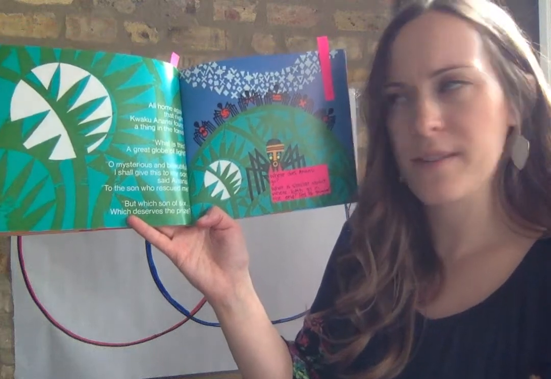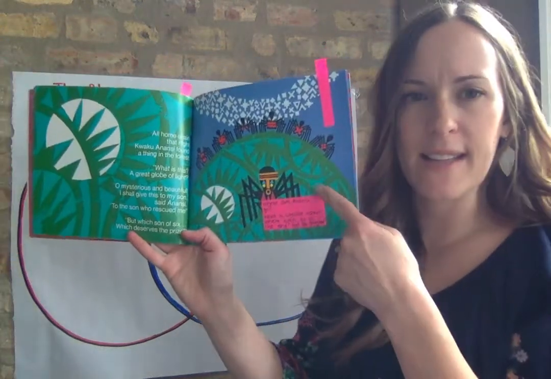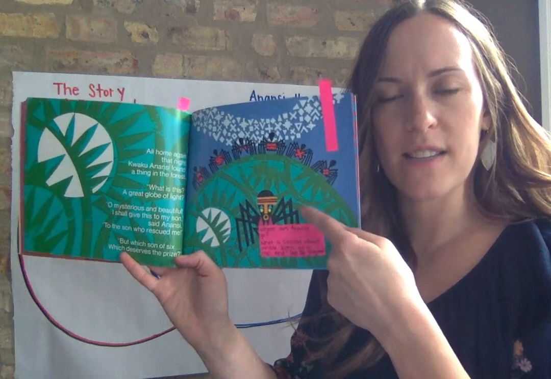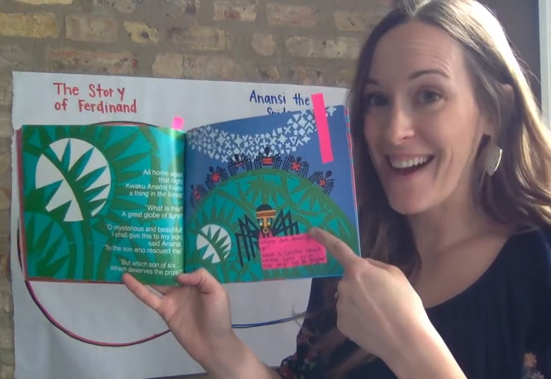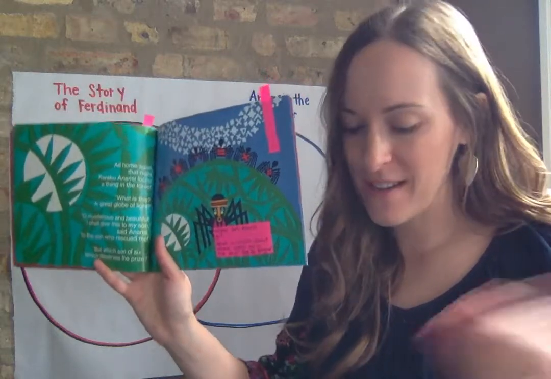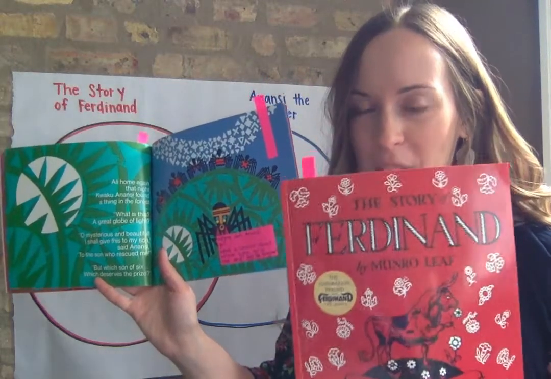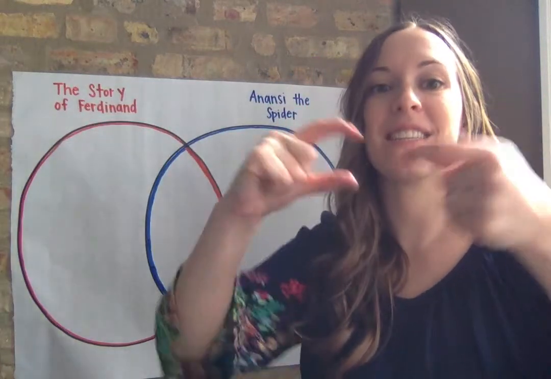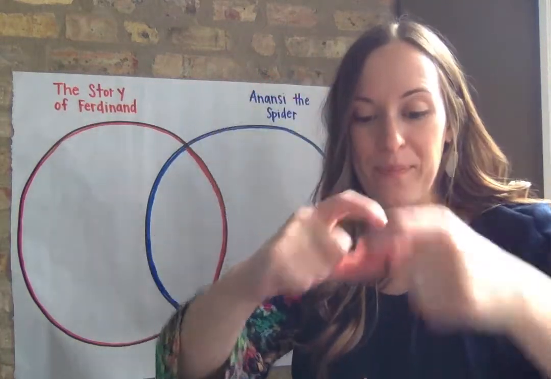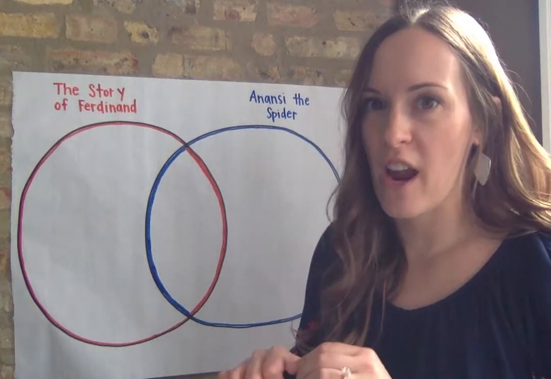Which deserves the prize? Where did Anansi go after he got lost on his adventure? Yeah, he went home. So Ferdinand went home and Anansi went home. That is the same. At the end of the book, both characters went home.